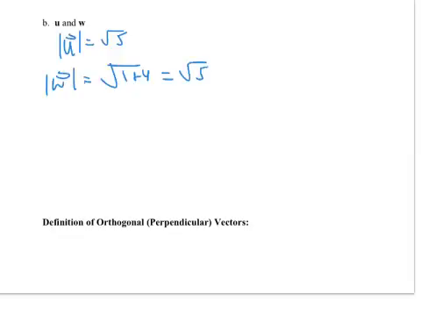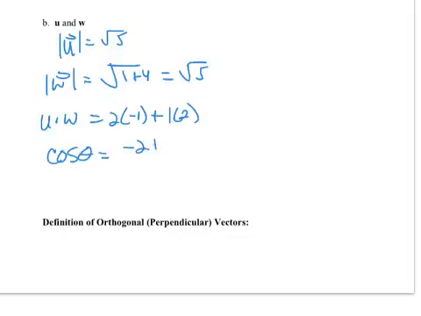And then the dot product, u dot w. When I do that, I have 2 times negative 1 plus 1 times 2. So here's what I have. The cosine of theta is equal to negative 2 plus 2 all over radical 5 times radical 5.